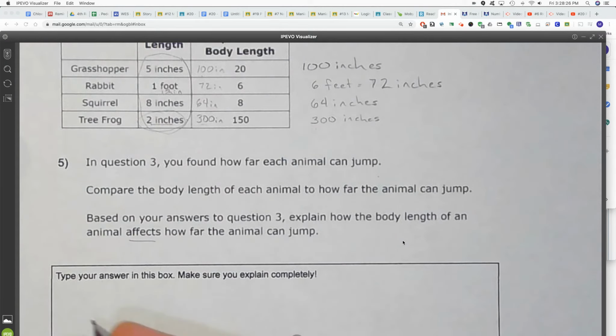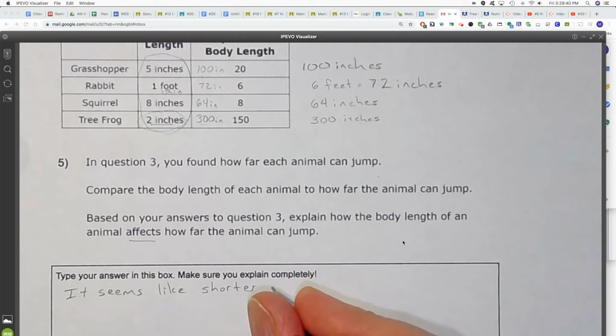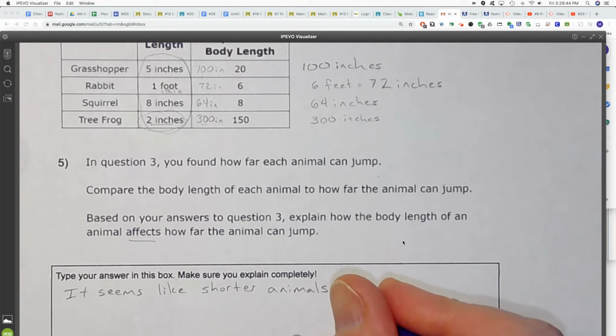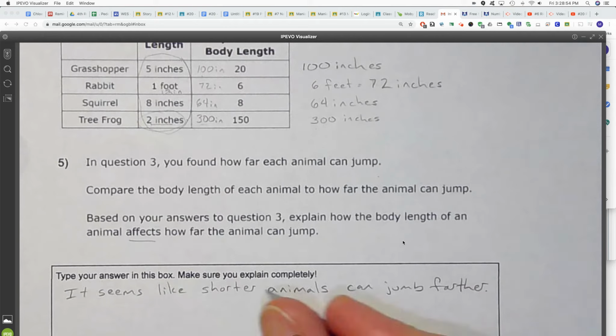So I'm going to say it seems like shorter animals can jump farther. And I need to explain completely.